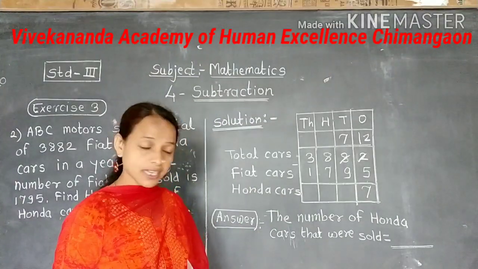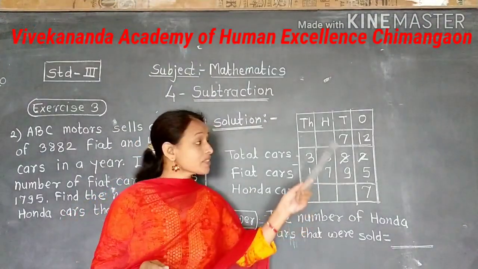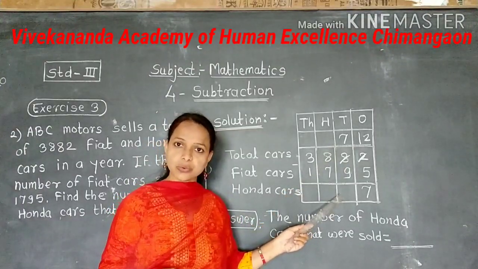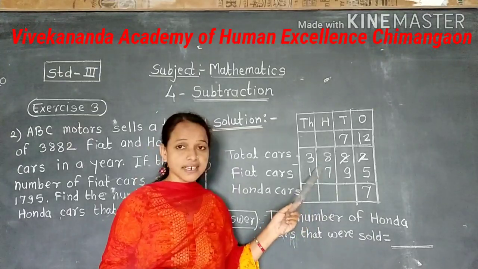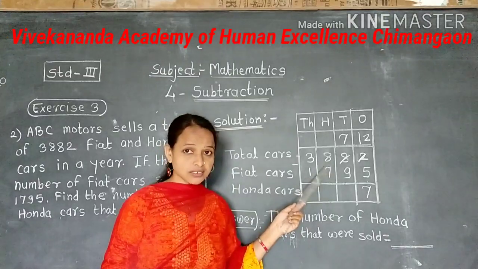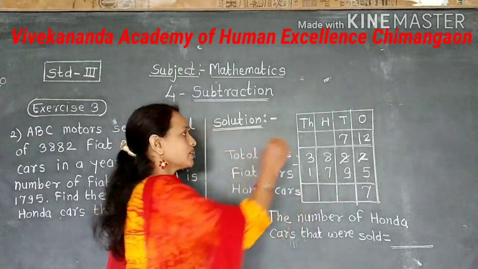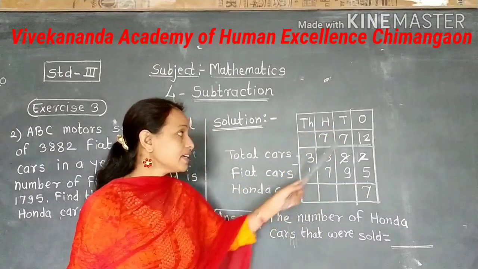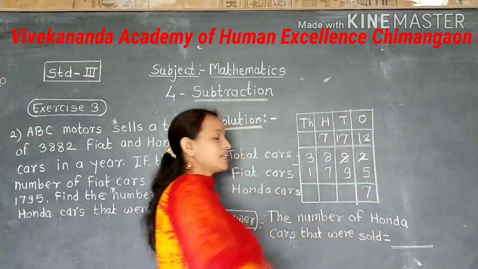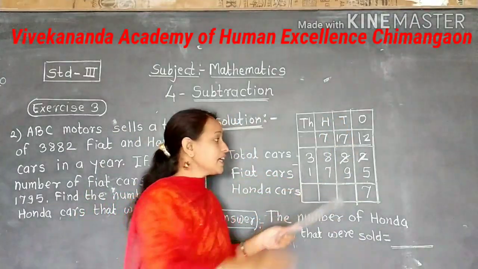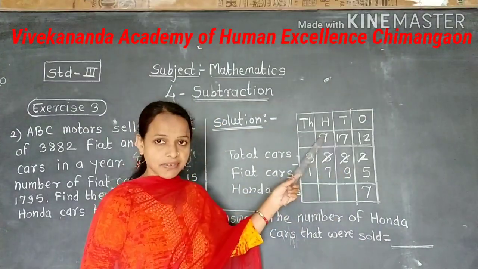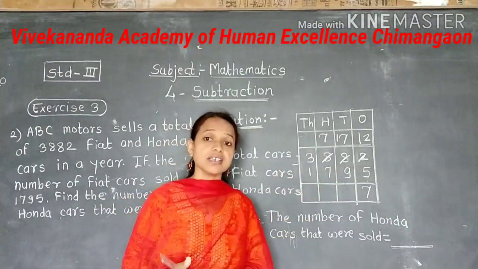Next we have to subtract tens. But here also 7 tens are less than 9 tens. So here also we have to regroup by borrowing 100 from 800. 8 minus 1, 700. So we write 7 here, and 7 tens become 17 tens. That means 8 hundreds are regrouped into 7 hundreds and 17 tens.